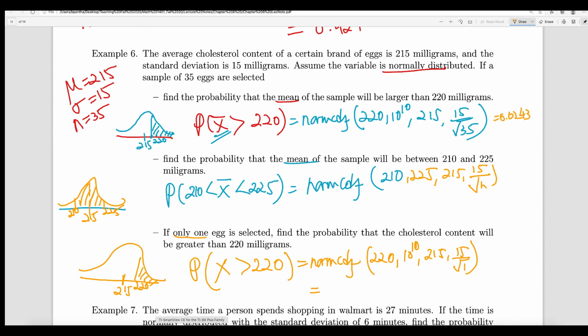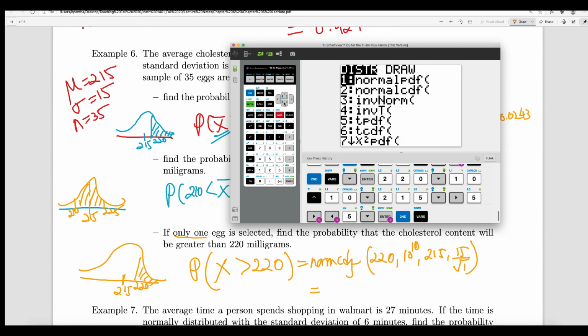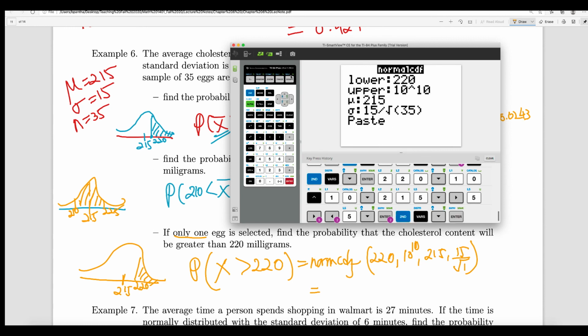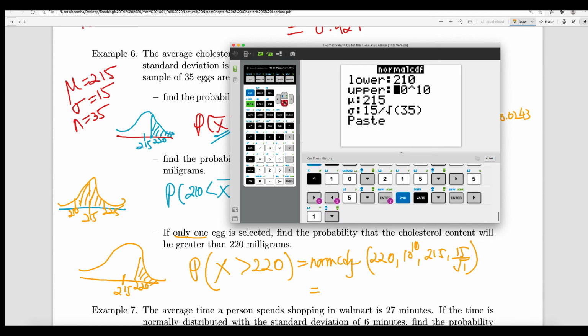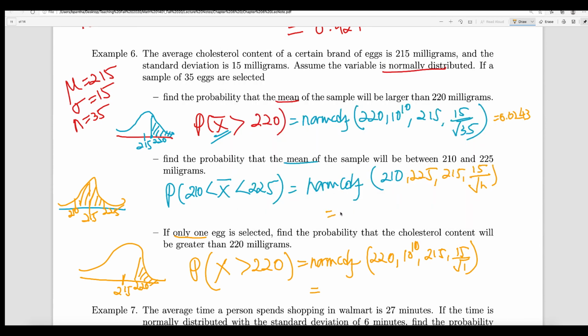How about the second one? For the second one, the left bound is 210 and the right bound is 225, right? So what you will do is second vars, normal CDF, you do 210, and the upper bound is 225. Everything else is the same. The mean and sigma over root n are the same. And if you do that, you will get 0.9757.